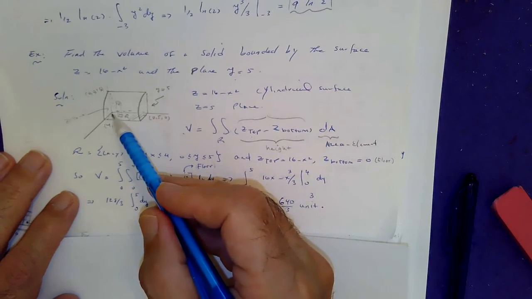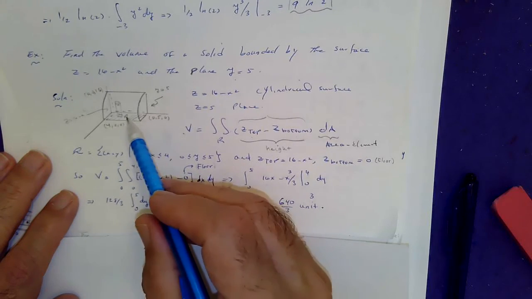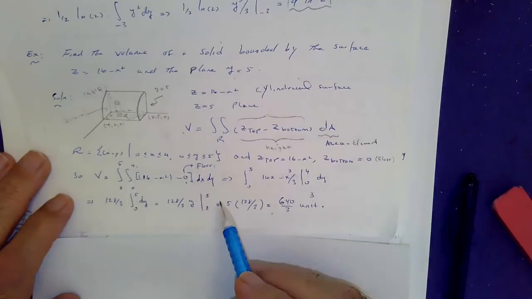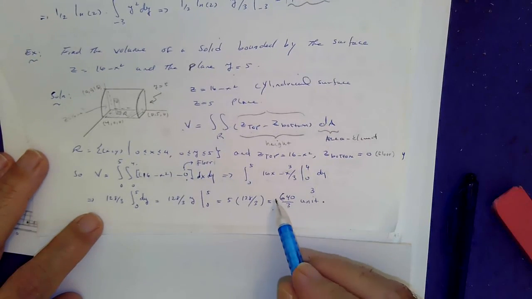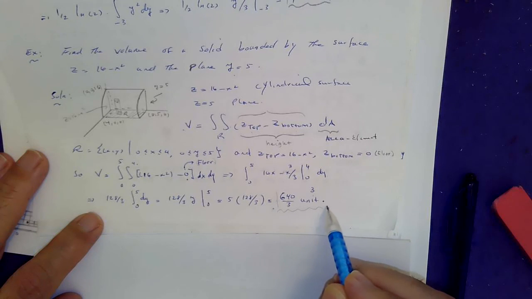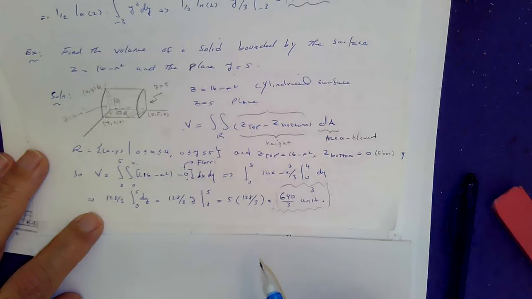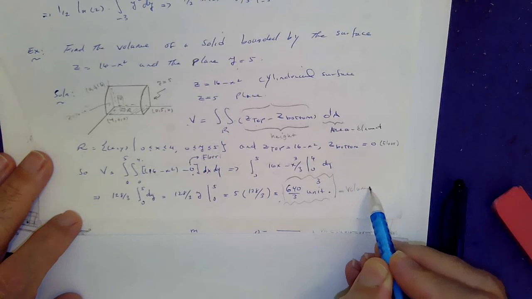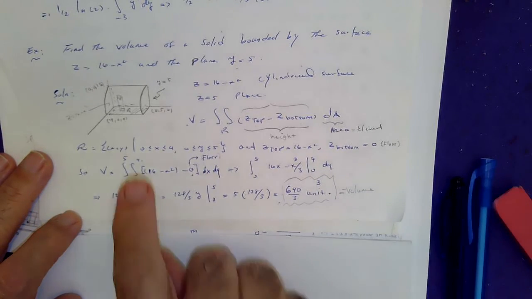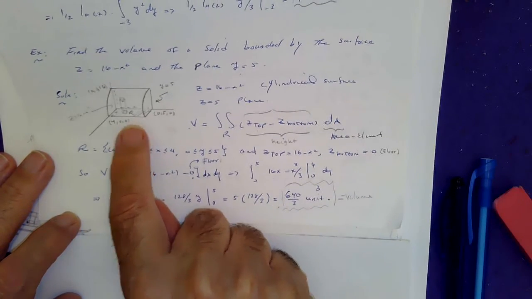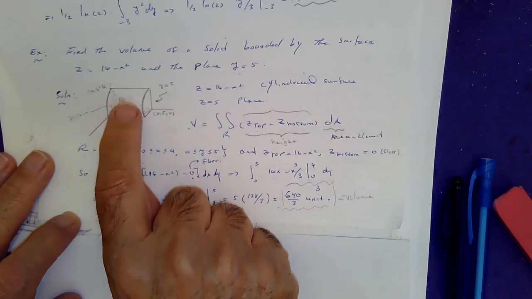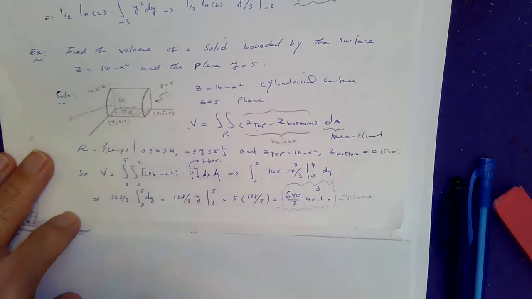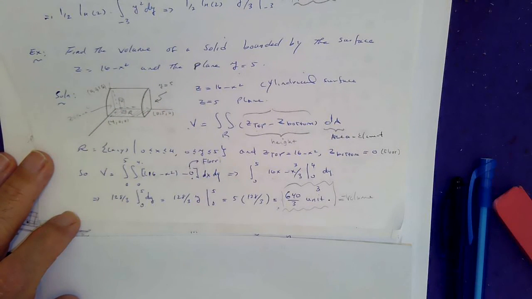And as you can tell, x goes from 0 to 4 and y goes from 0 to 5. If you do the math, you would end up with 640 over 3 cubic units for the volume. So that would be the volume of the solid bounded by this cylindrical surface and the plane. Thank you.